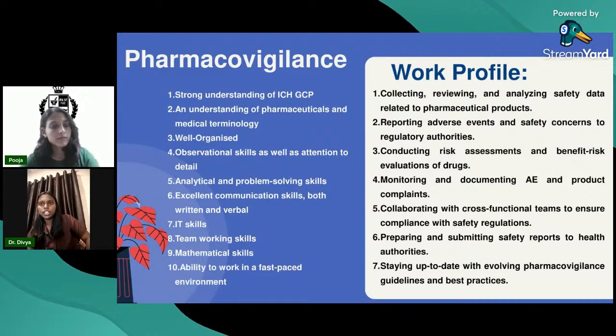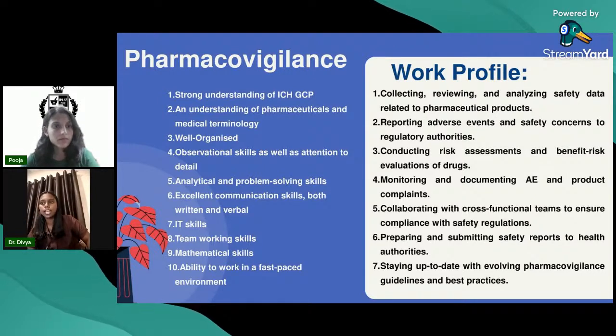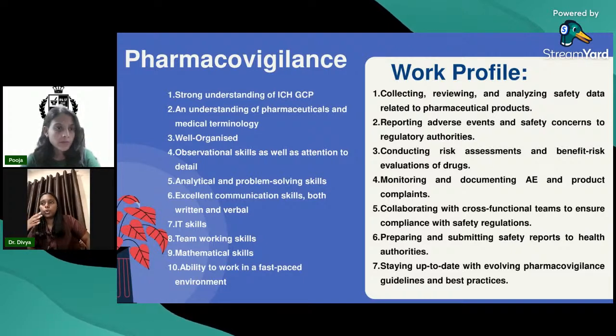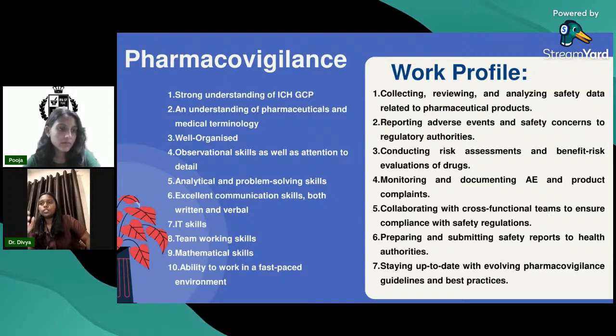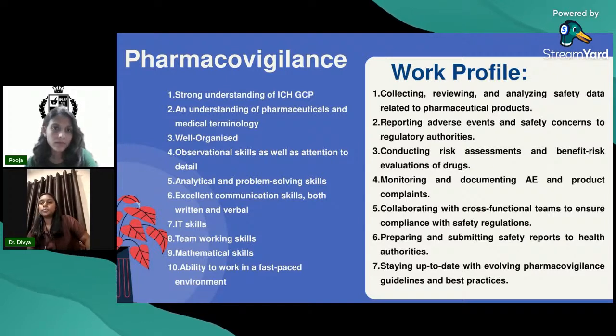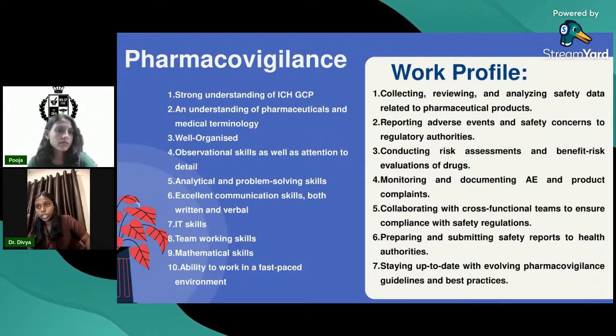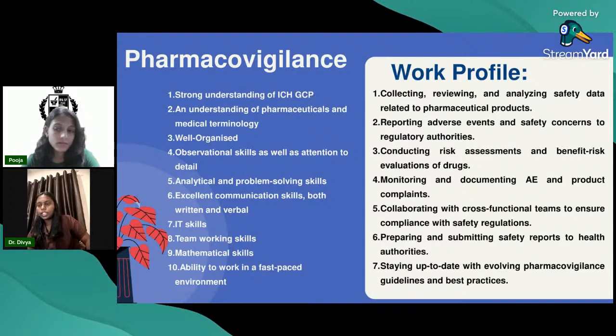Whichever database is generated from post-marketing surveillance, that this particular drug has this side effect, this adverse event, this serious adverse event, you are the one who will be reporting it. You will be generating a case report and submitting it to the authorities. Then you will collaborate with the teams to ensure the safety regulations are followed. Then you will be the one submitting the report.